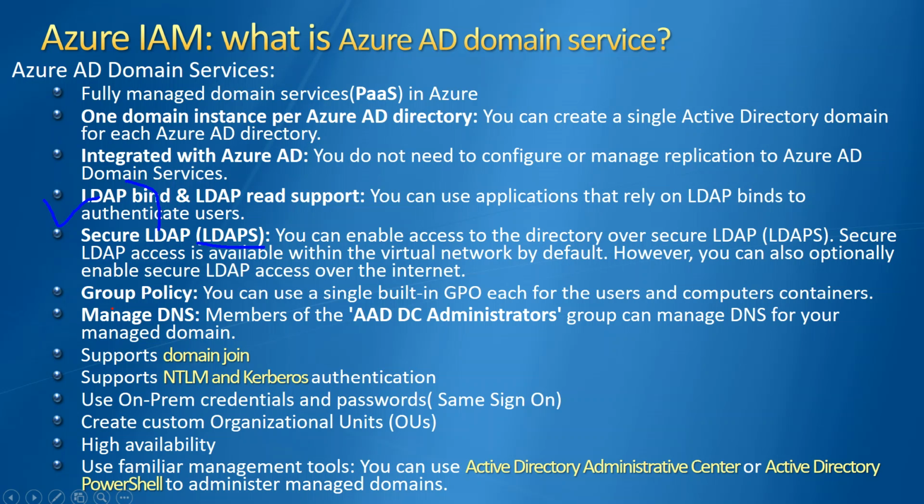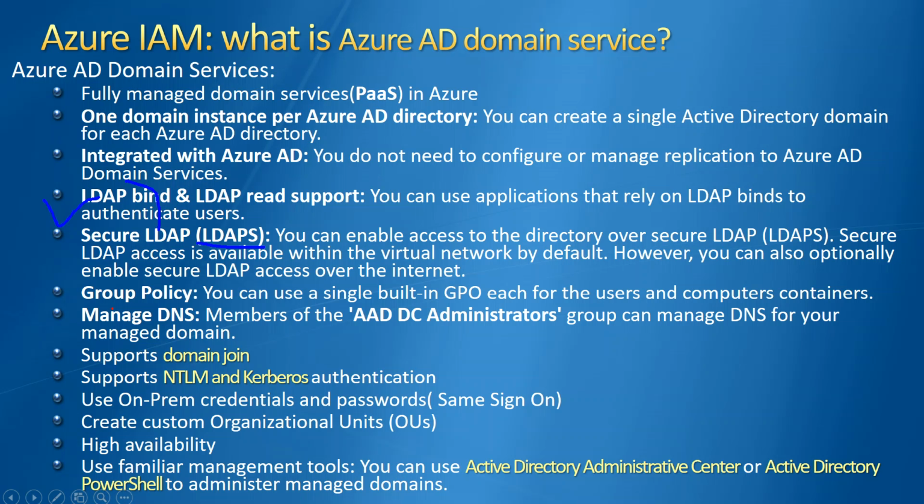But there are slight limitations, like you cannot set the default domain controller policy, which controls the behavior and the security settings on the domain controller. And there are also certain limitations which you can refer to on the Microsoft website. But in general, if you need to set up your group policies, it's also supported.